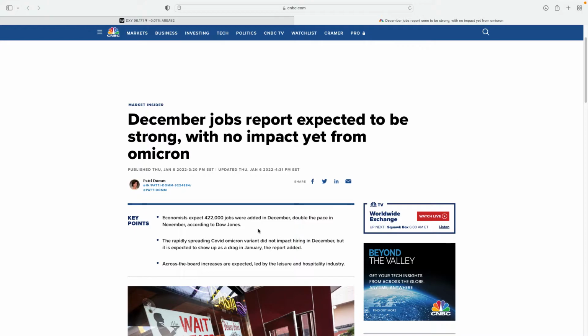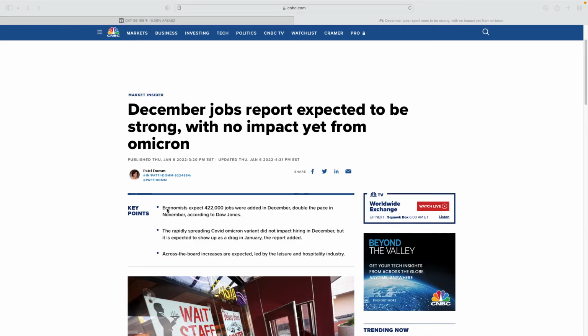But then I remember that this jobs report is for December and not for January, because those Omicron cases were only published around January and not December. So we can see it says that economists expect 422,000 jobs were added.